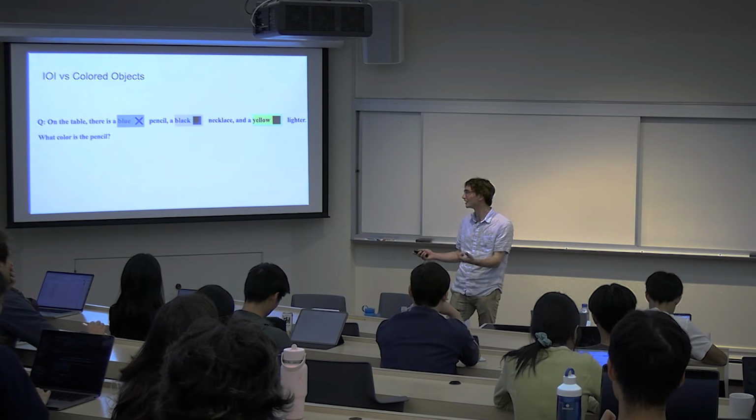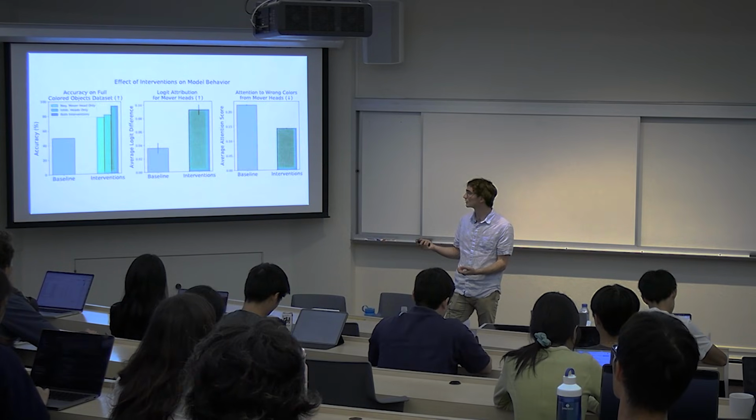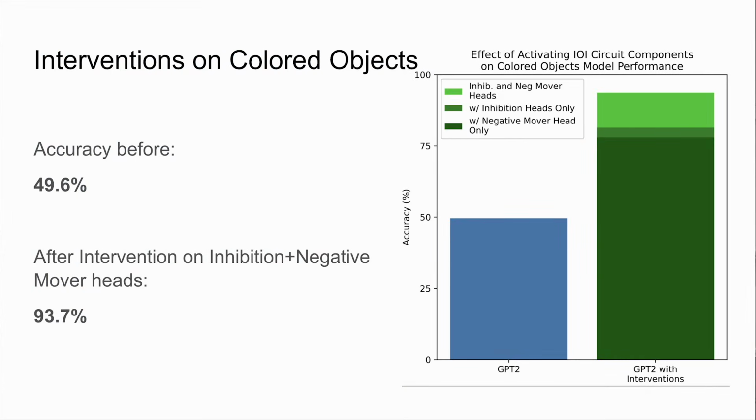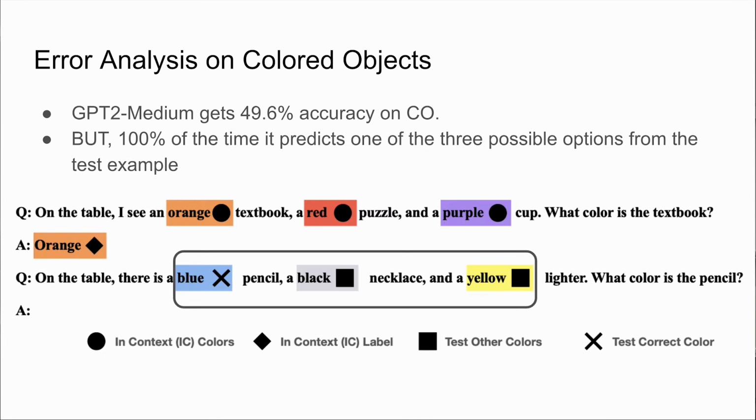The really stupid thing you could do is subtract the black and yellow logit vectors from the residual stream, and then the model is not going to be able to predict these tokens anymore.